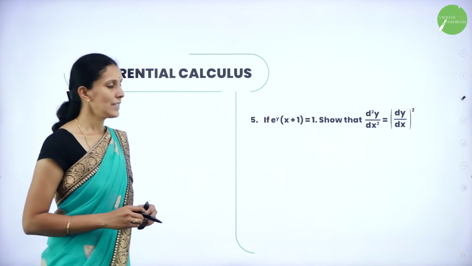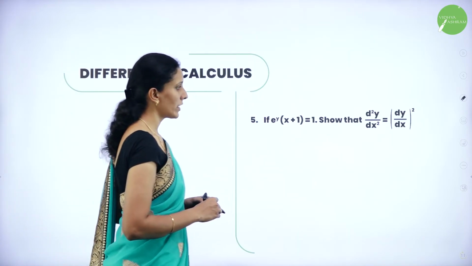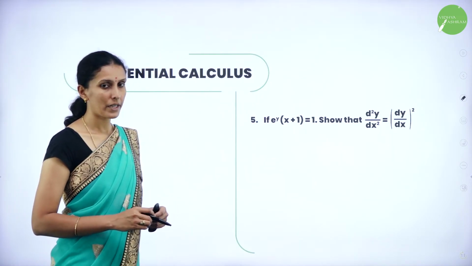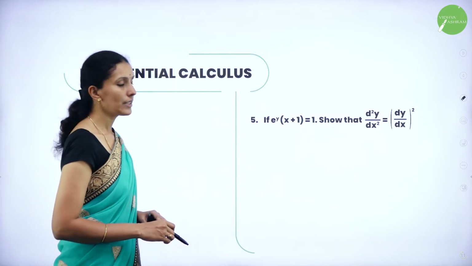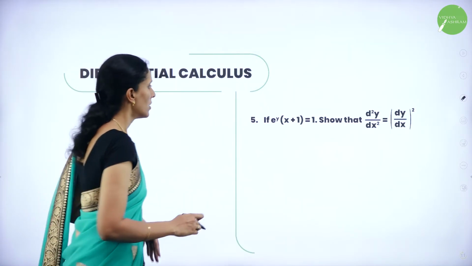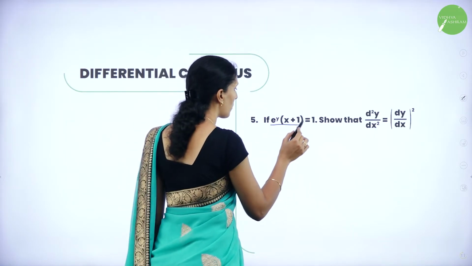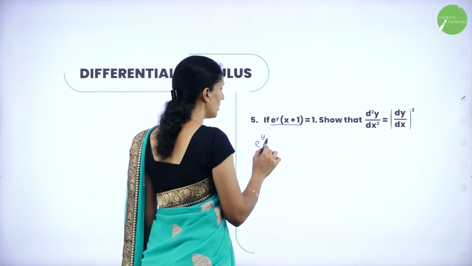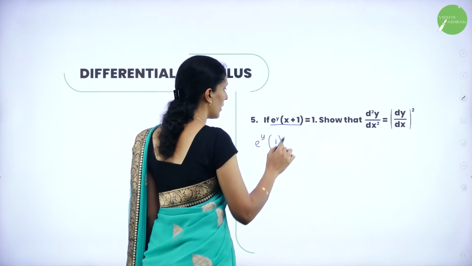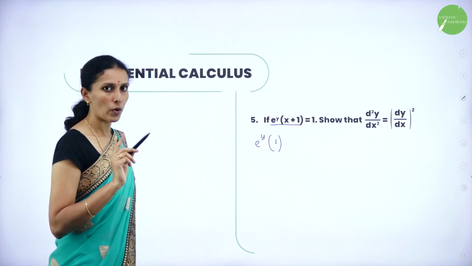So the next question is, if e power y into (x plus 1) is equal to 1, show that d square y by dx square is twice the (dy by dx) whole square. So e power y times (x plus 1), now differentiate it, use the product rule here. First function, differentiation of the second. If you differentiate x plus 1, it is 1.